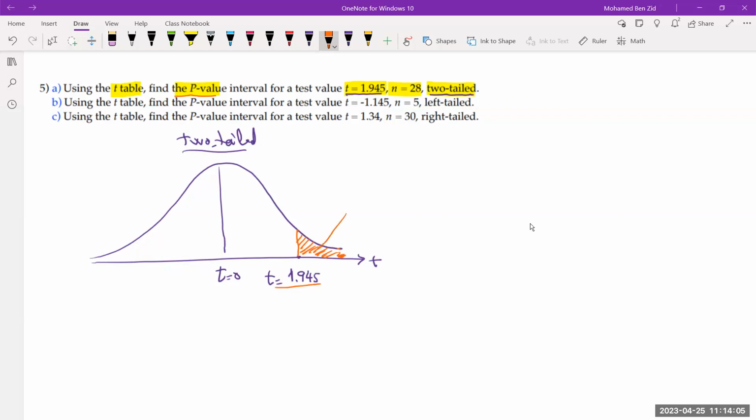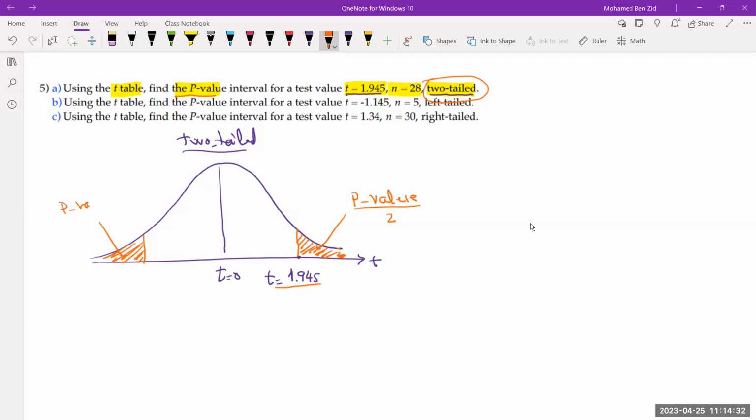Now, this is one side. And because the fact that I'm having 2 tails here, it means there is a symmetrical one from the other side. And this is going to be your other p-value, right? So this is going to be only the half of the p-value.